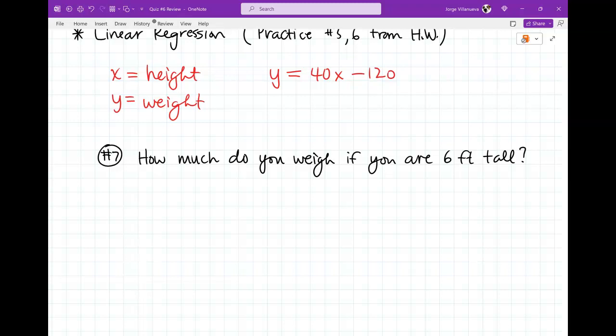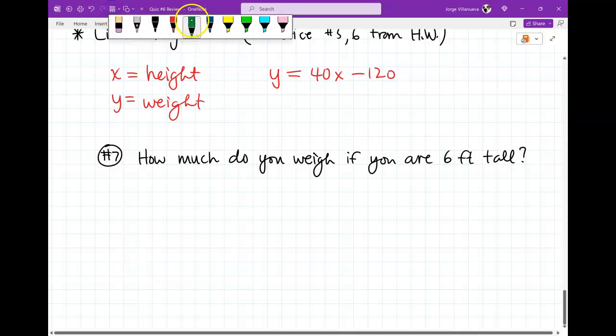Which letter represents height? X. According to this problem, X, right? I know that because of the table. The one on the left is your X, the one on the right is your Y. So look at your chart. They're telling me X is 6. All I have to do is plug it in and solve.